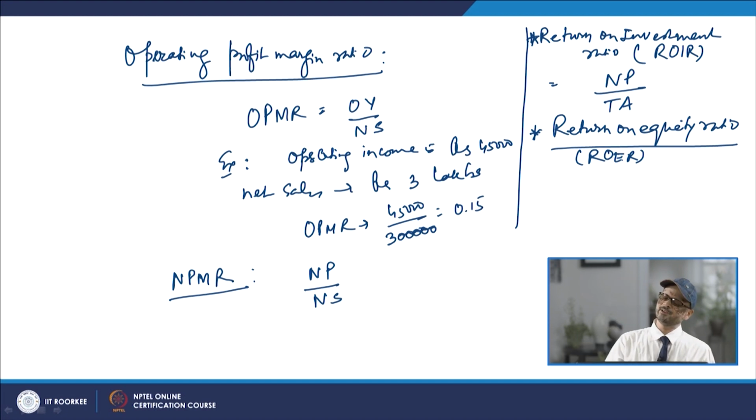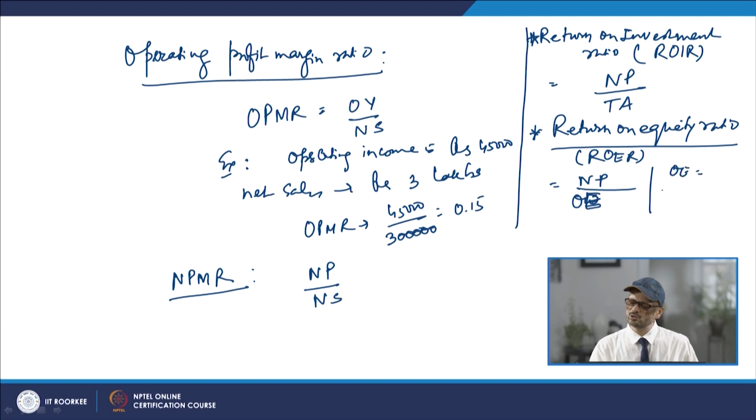Basically it will be net profit in the numerator, and in the denominator you have owner's equity, OE. Once you know the owner's equity for both the preferred as well as the common stocks, it will tell you how much of the money of the firm will be going into the profit. That way you can calculate the return on equity ratio.